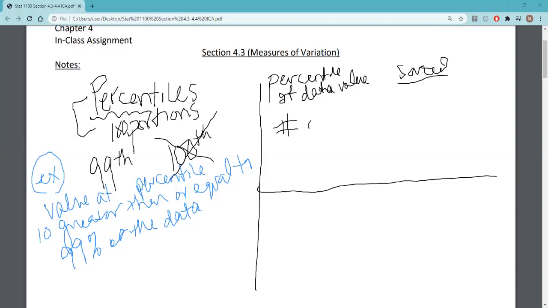So the number of values lower than the value we're talking about out of the total number of values.